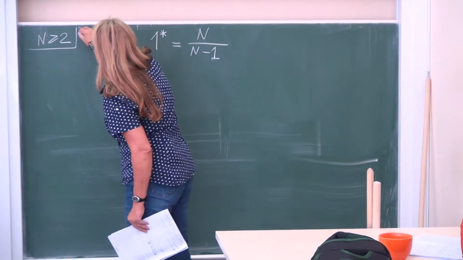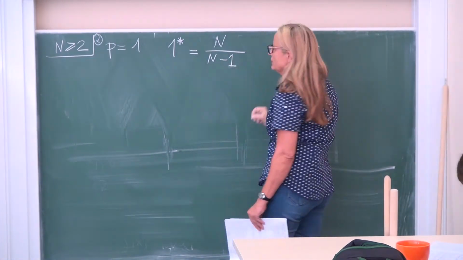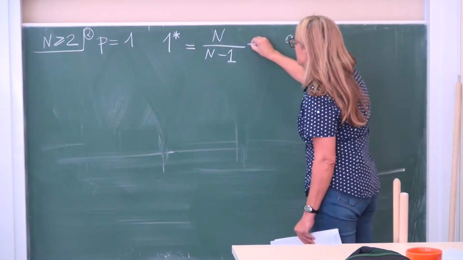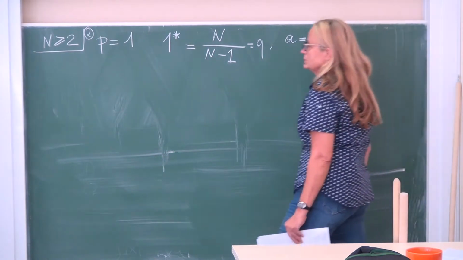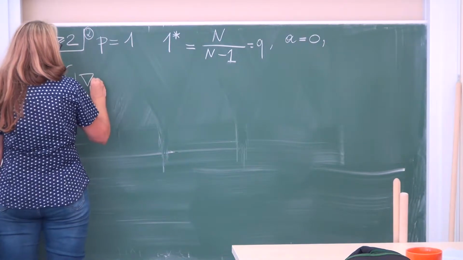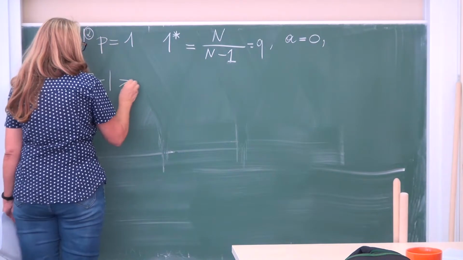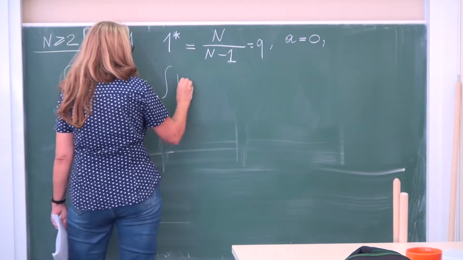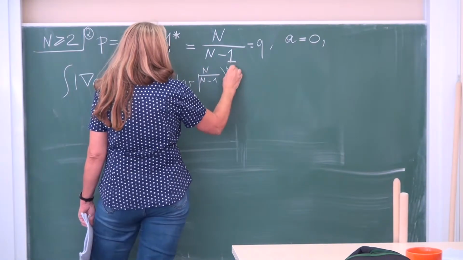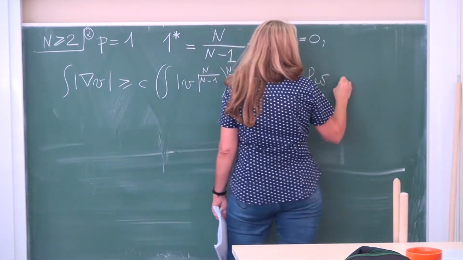So the second step is this one with a equals 0, that is in this setting, and q equals the Sobolev exponent. The second step is nothing but, let me write for v, the Sobolev inequality.